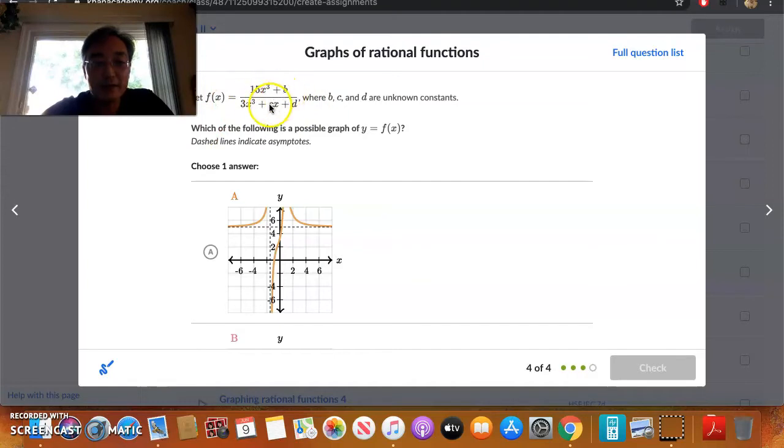We have some variables for the constants, both in the numerator and denominator, and we also have a coefficient here, c, that's undefined. The only thing we know are the leading terms in both the numerator and the denominator. They're asking us, where b, c, and d are unknown constants, which of the following is a possible graph of y equals f of x? Dashed lines indicate asymptotes.